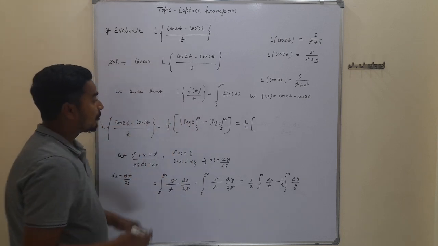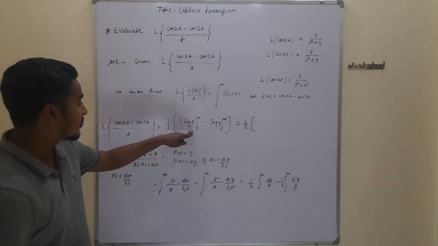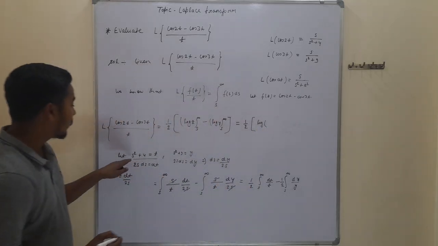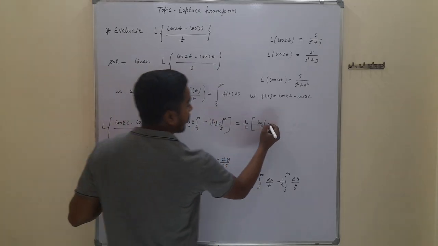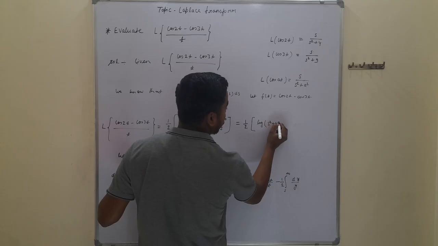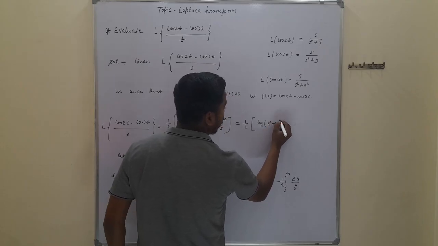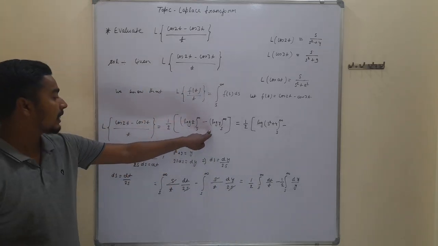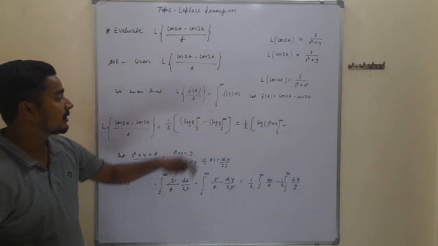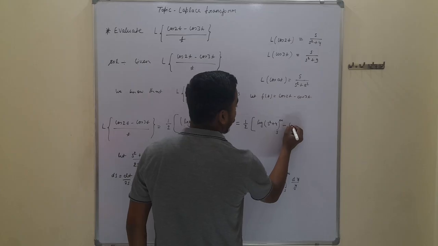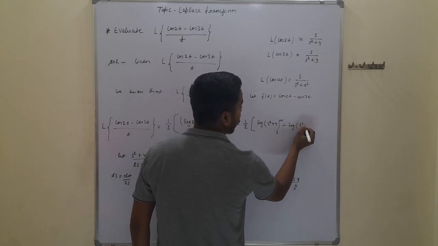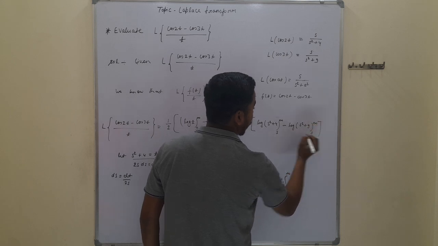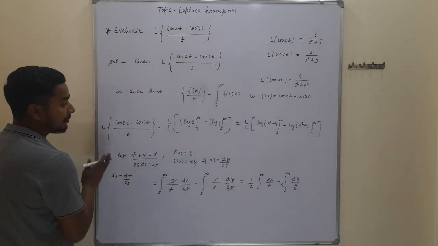When we put the value of log t in the first part, this is given by log of s square plus 4, taking s square plus 4 as t, and here the limit is s to infinity, and minus, in the second part of the integral we consider s square plus 9 as y, so we write log of s square plus 9 and the integral limit is s to infinity.